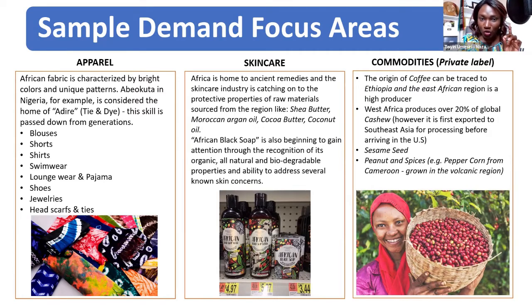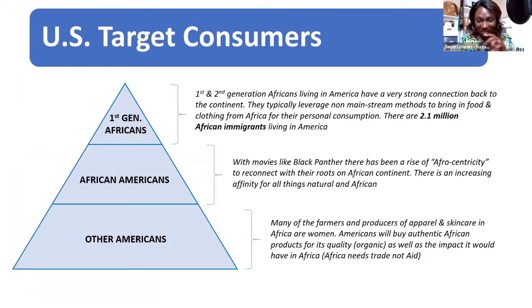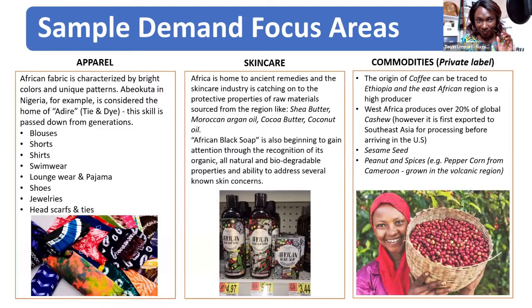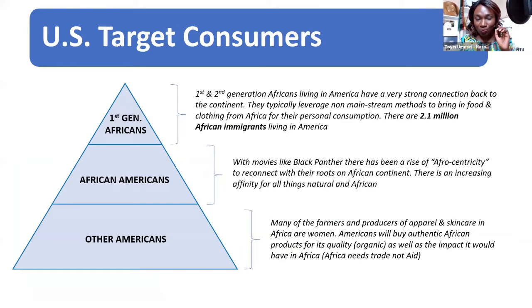Remember, these 2 slides almost go hand in hand. This slide and this slide. If you're doing apparel, the way you design it, you have to take into consideration, is it first gen African Americans or other Americans?